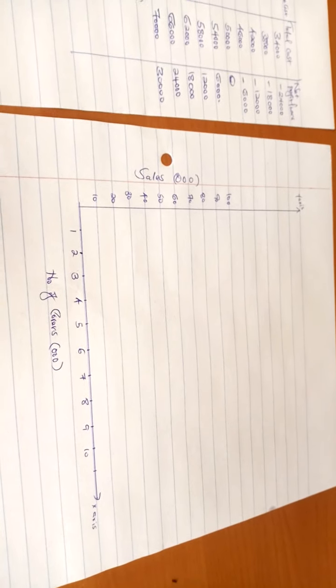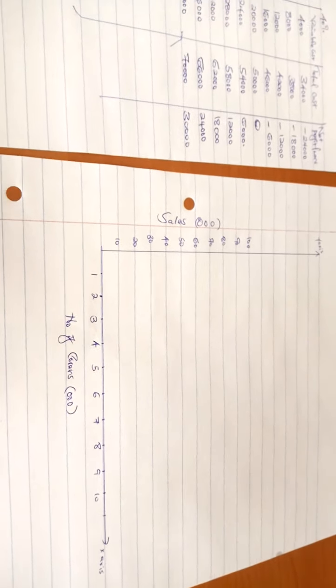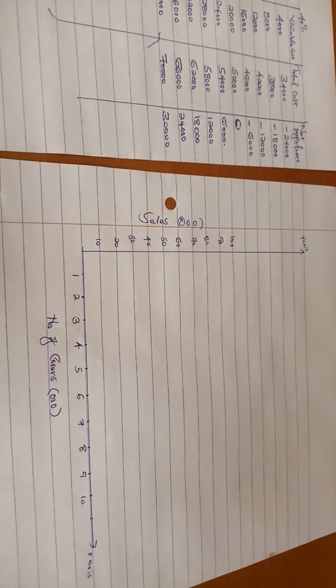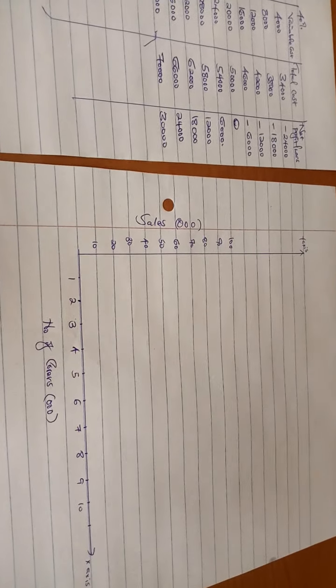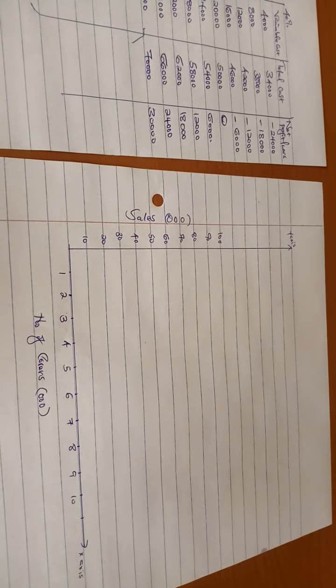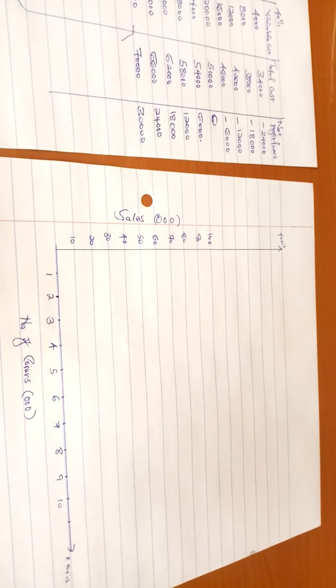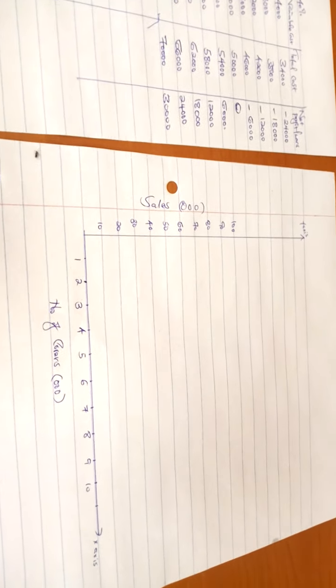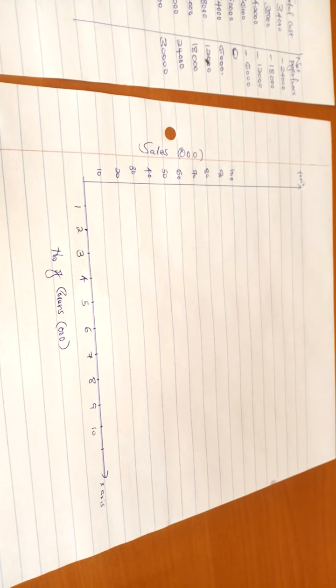On the y-axis we have sales, expressed in thousands. So when you see 10 and I've written sales in brackets 000, that means it is 10,000. Then on the x-axis we have the number of covers, and in brackets again 000, so when you see 1, it is 1,000.